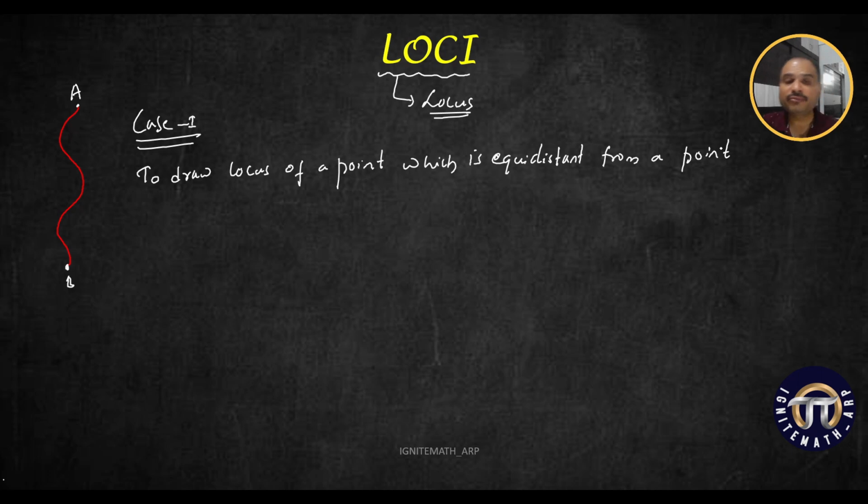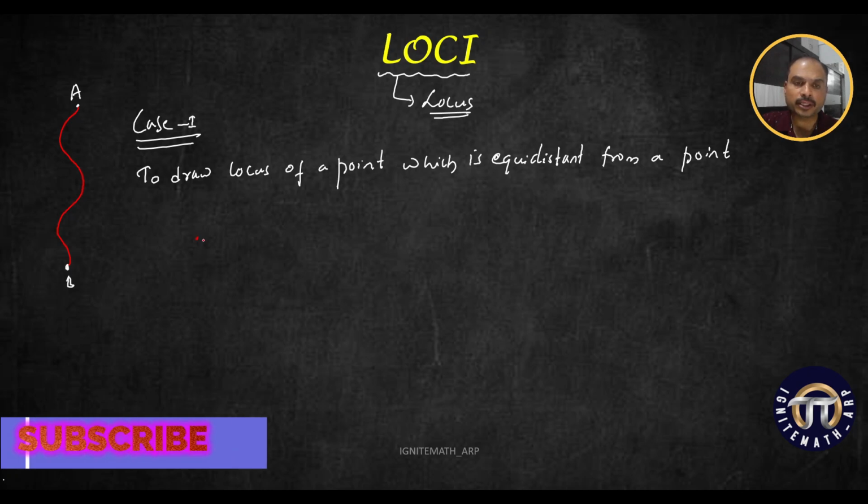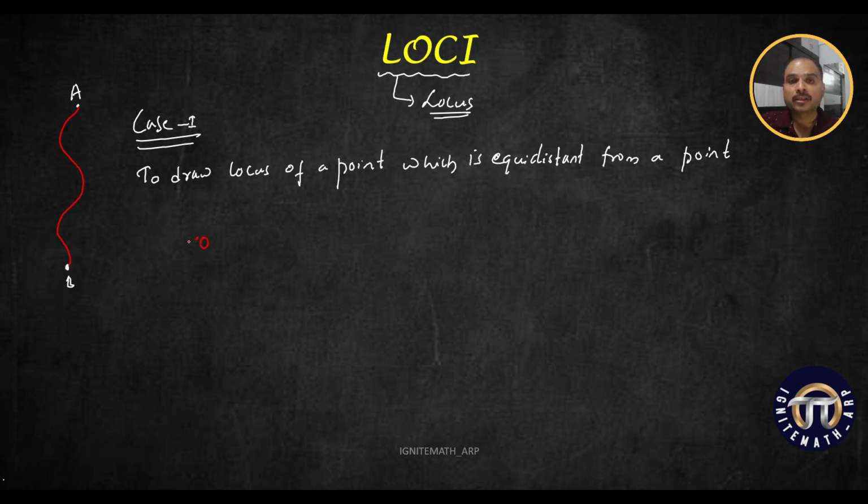When defining a circle, we define it such that there is a point over here, and I need to draw a collection of points which remain equidistant from the single fixed point O. All the points on the circumference of the circle, whether point A, B or C, are at equal distance from the single fixed point, and we call that fixed point the center of the circle.